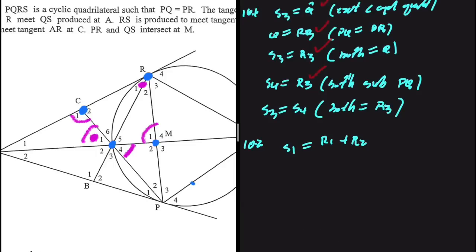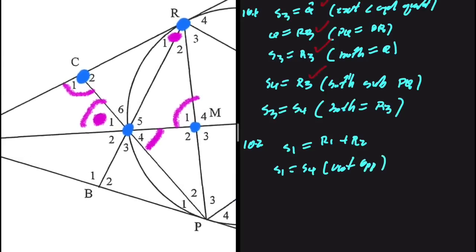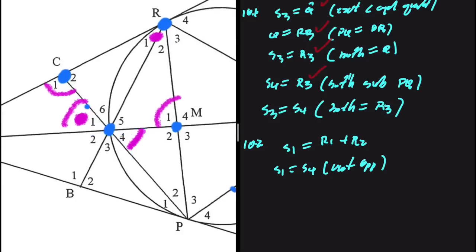So I'm going to start by saying S1 is equal to S4, vertically opposite. Let me check if they are indeed vertically opposite. I have this line and this line, and S1 and S4 are indeed vertically opposite.